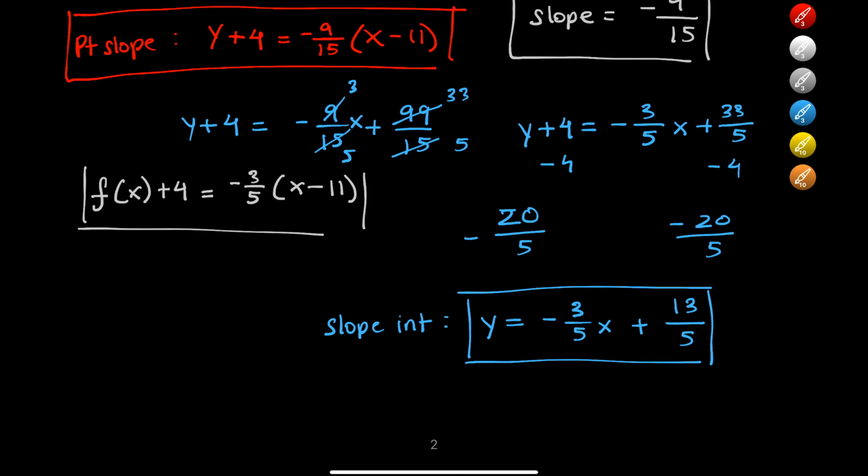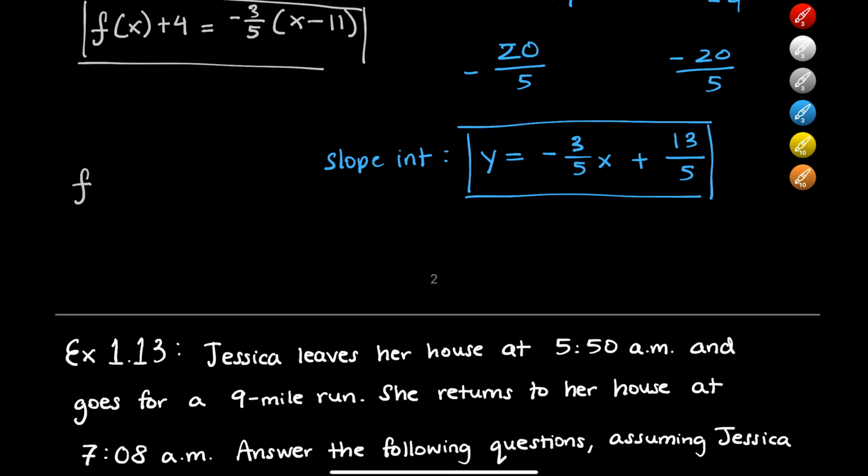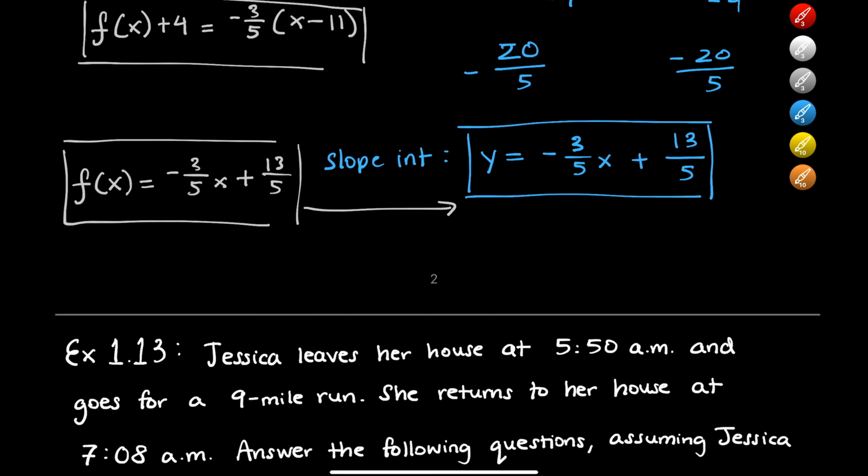So this is the same thing as this. And then for slope-intercept form, we could also write f of x is equal to negative 3 over 5 x plus 13 over 5. So these two are the same thing.